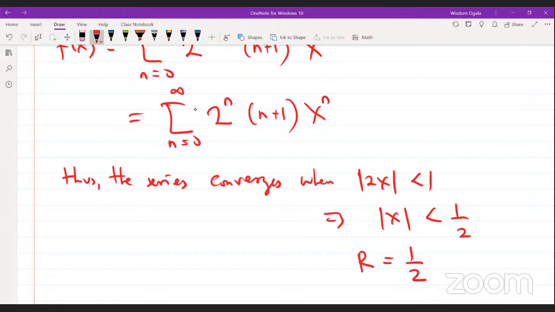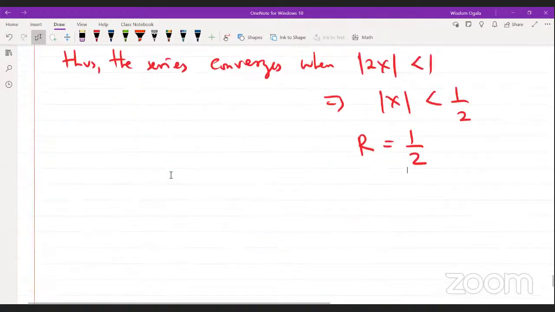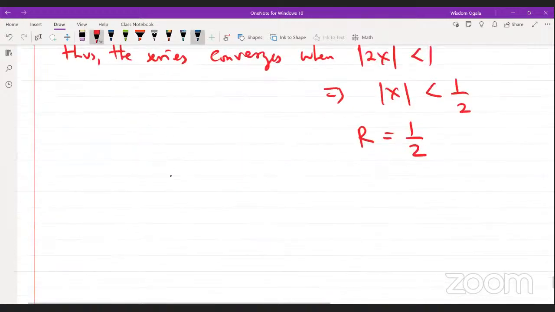We just need the x to be by itself, and then we can divide through by x, and then we get that. So now that's with respect to differentiation. What about integration? Let's consider examples that relate to integration.